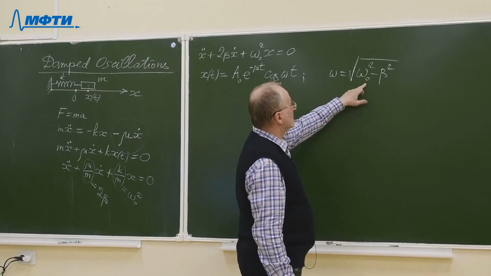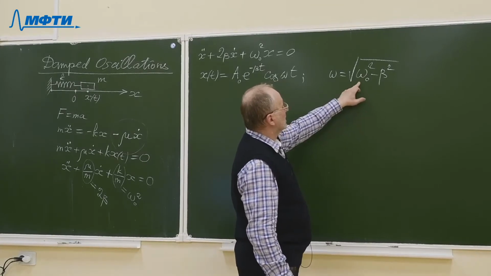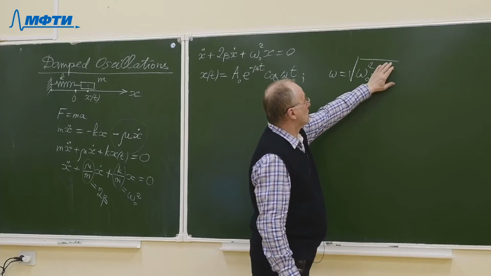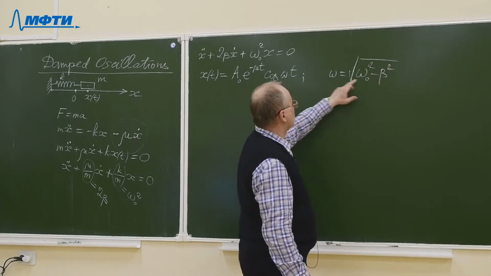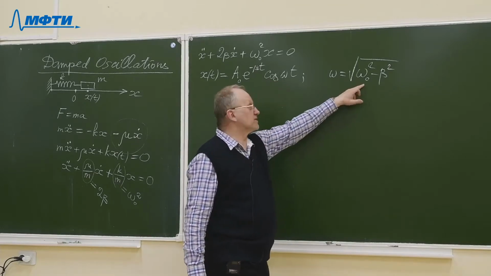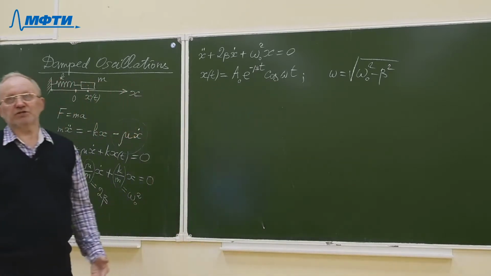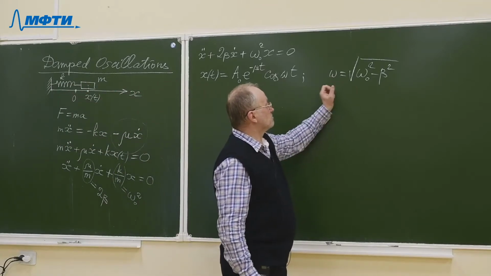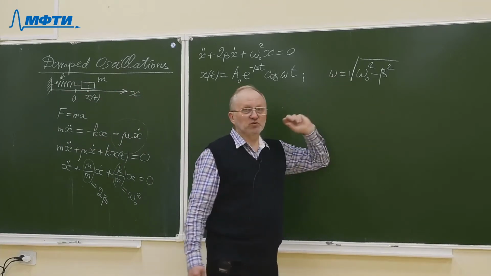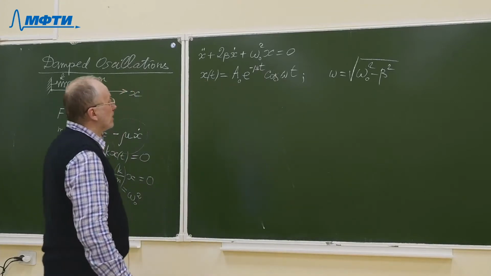The own frequency will be found when there is no friction, no air drag, when beta is 0. Then the oscillation frequency will coincide with the own frequency of the body. But if there is some friction, then the oscillation frequency will become a little bit smaller than the own frequency, omega 0, because of the friction.